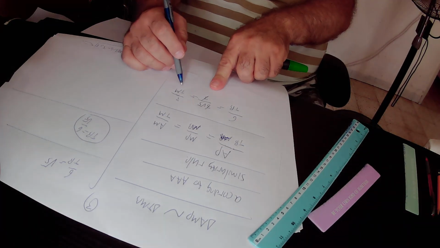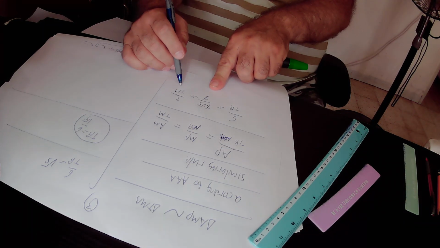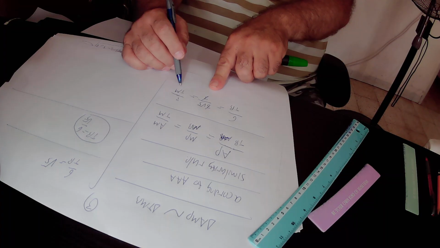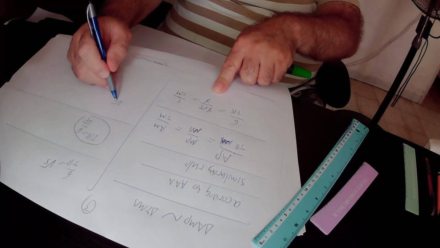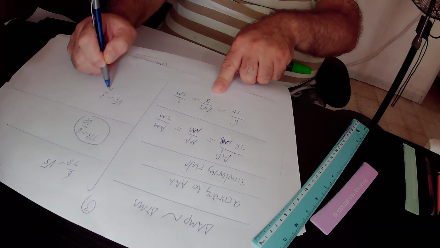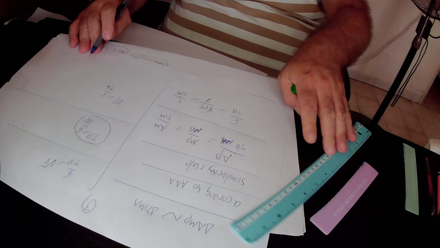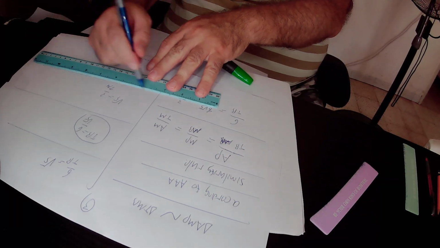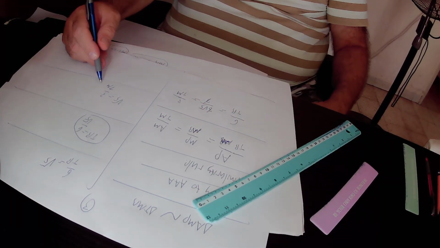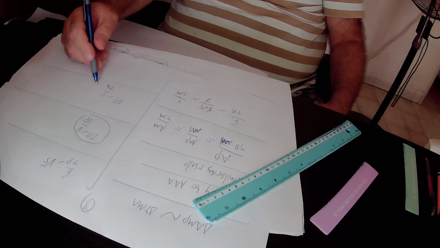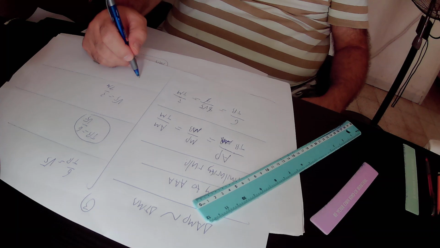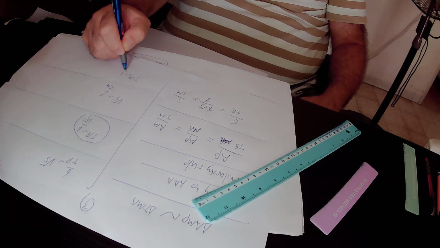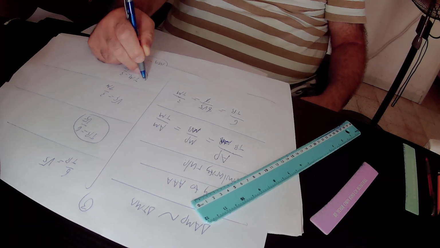Those two sides are also equal to each other. So we get the second equation from those two sides that are equal to each other. That is to say, square root of 5 equals 3 over TM. Here we multiply this equation by TM, and then we divide it by square root of 5, and we get that TM equals 3 over square root of 5 units in its length.